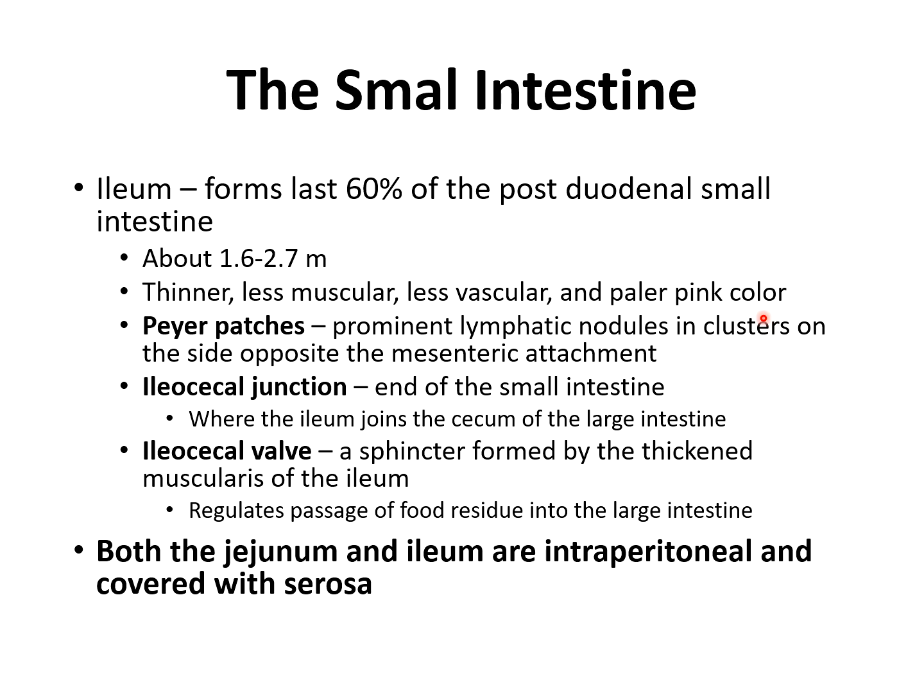It is not really considered a sphincter because it's not round, so we're calling it the ileocecal valve, even though some resources and some literature will refer to this as the ileocecal sphincter, but it's formed from these thickened muscularis layers in the ileum, and it will regulate passage of food into the large intestines. And then when that cecum portion gets filled, that will actually pinch this valve shut.